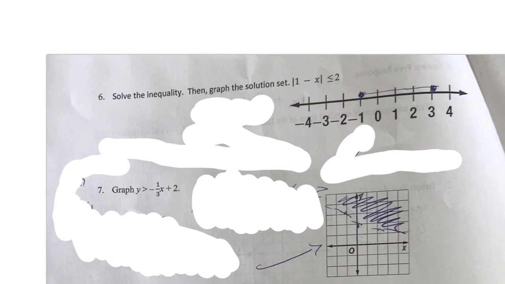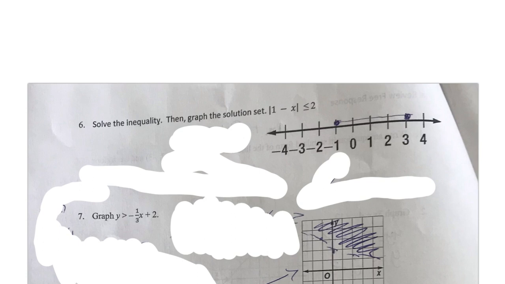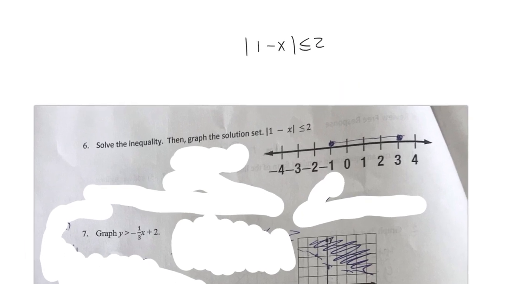Okay, looking at this one. Okay, so I was correct. Solve the inequality, then graph the solution set. So anytime you have an absolute value inequality, number one, you need to make sure that you understand whether it's an or an and. Now, if the absolute value is less than the number, I want you to think of the word and.